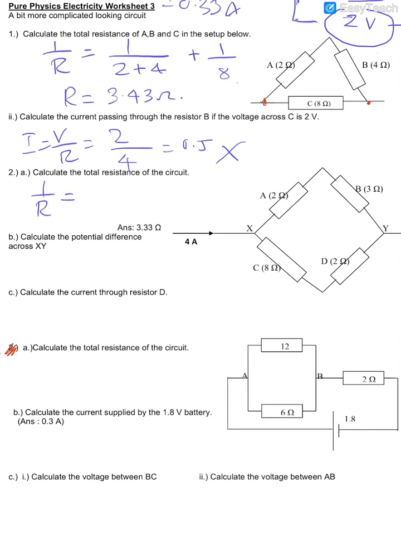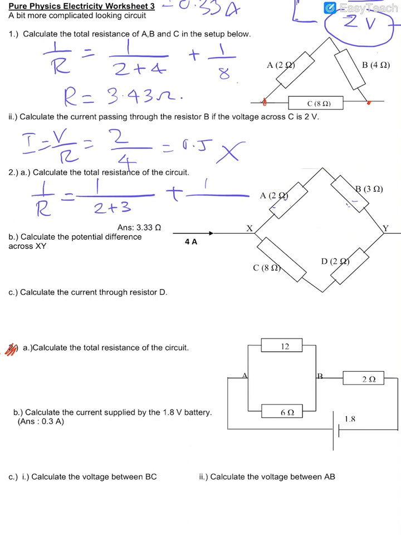Yihui, working. 1 over what? 1 over 2 plus 3 plus 1/8. 1/8 plus... You still don't get it. These two are what to each other? Series. So I'll add them like that. 1/2 plus 3. Then plus 1. These two are parallel to these two.